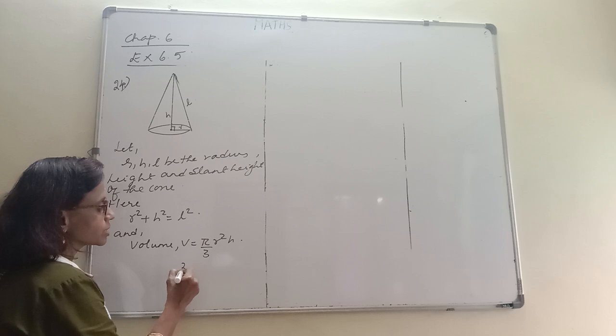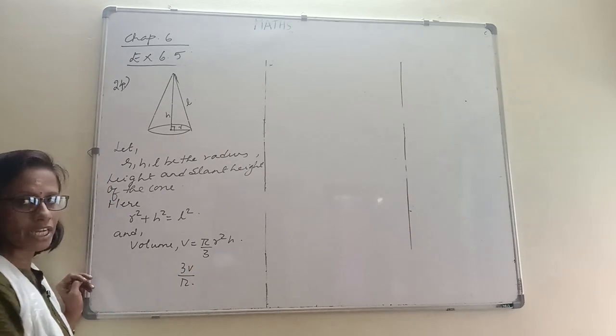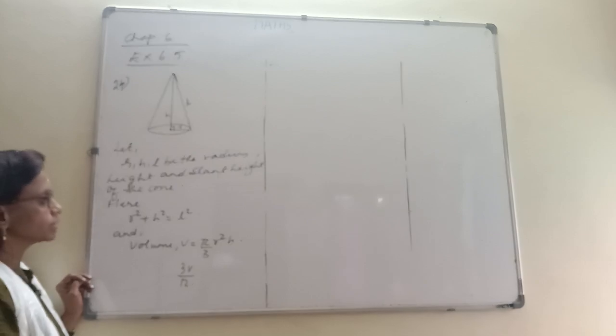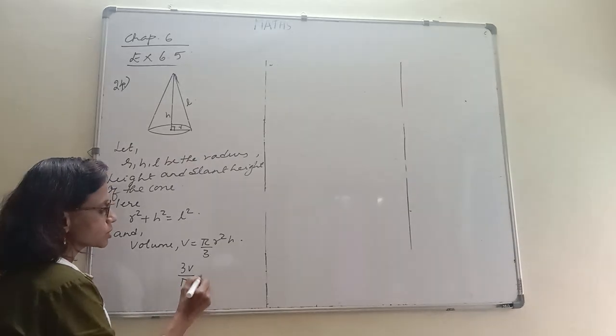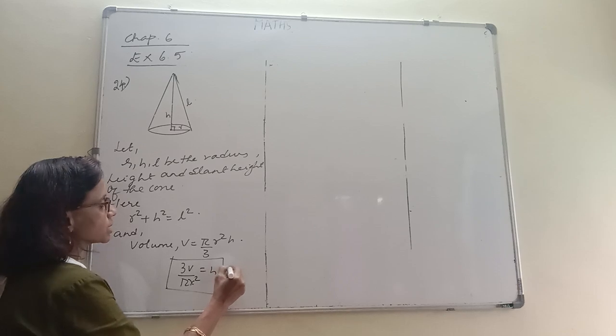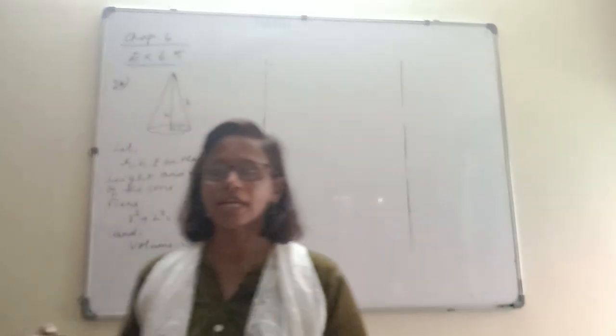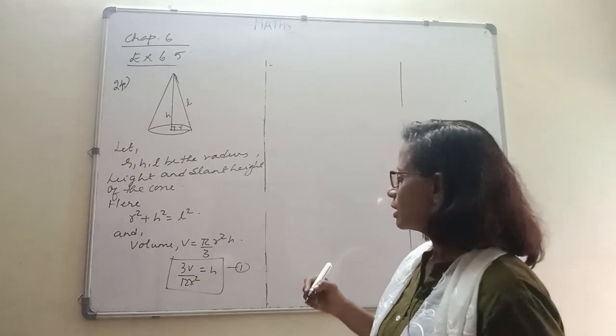To start with, it is 3V over pi, whether we should substitute for h or for r squared. Let's take h over here: r squared h equals 3V over pi. Let's make that kind of substitution and see what happens to the expression r squared plus h squared equals l squared.